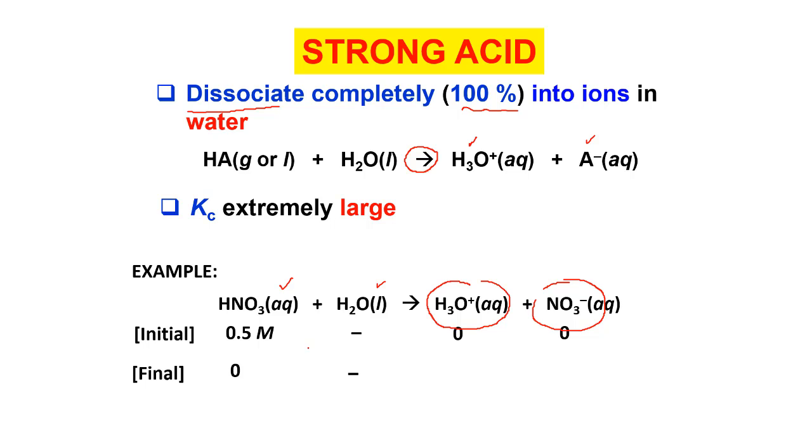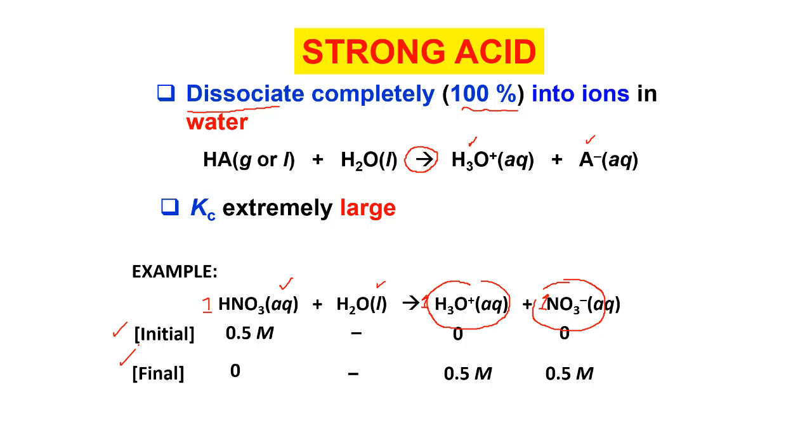And what happened? Here 0.5 molar, 0.5 molar. Why? We look at the stoichiometry, 1, 1, 1, like we did in chapter 6. Negative X plus X plus X. Only here there is no change, because it is a strong acid. Right? Okay, so for a strong acid, its reaction table is like this. There is initial and final concentration.